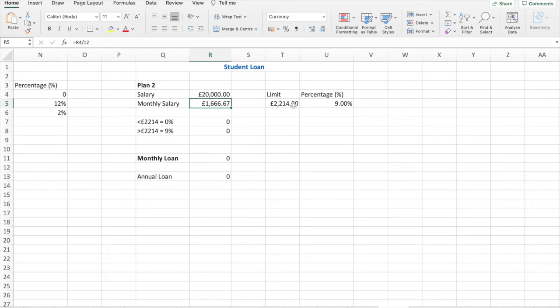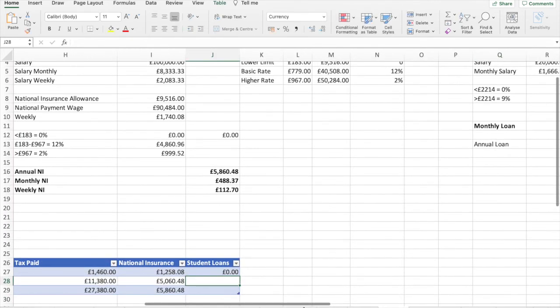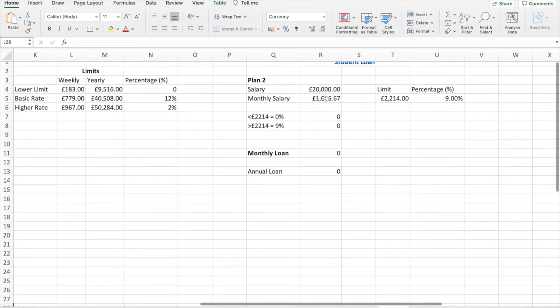So the limit is 2,214. Anything over this, you pay 9%. As we can see, Sarah earns a monthly amount of 1,666. Hence, Sarah pays 0 in student loan repayments. So if we move on, Sam was on 60,000.